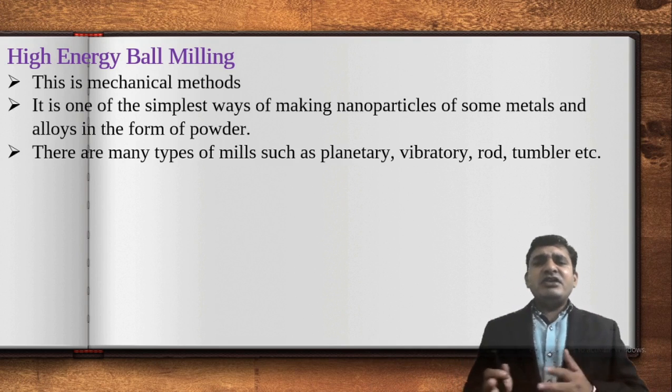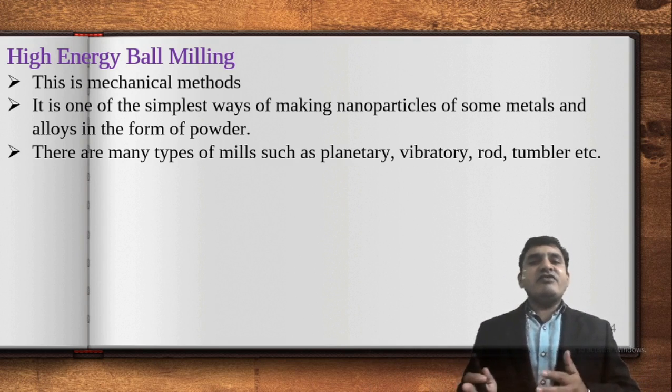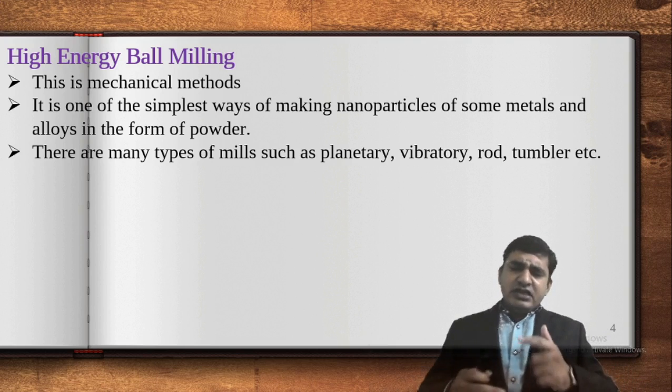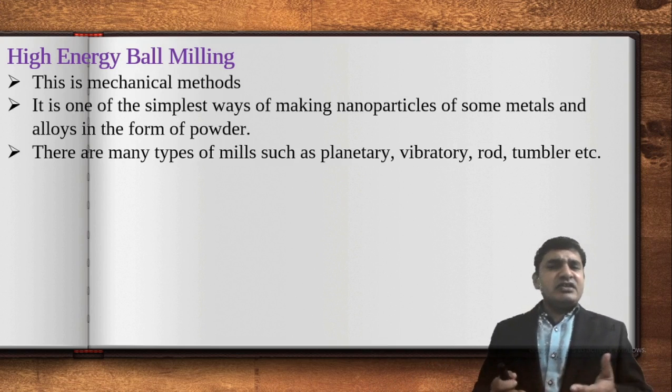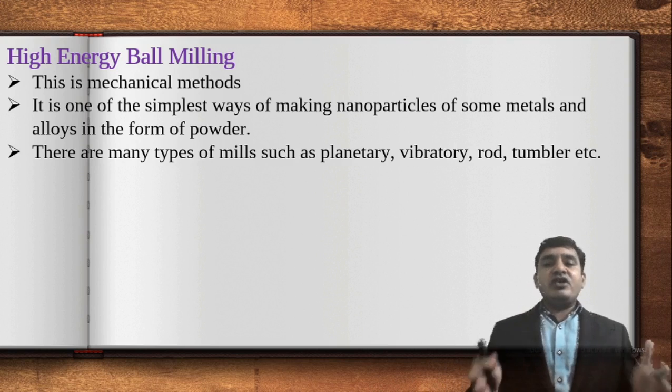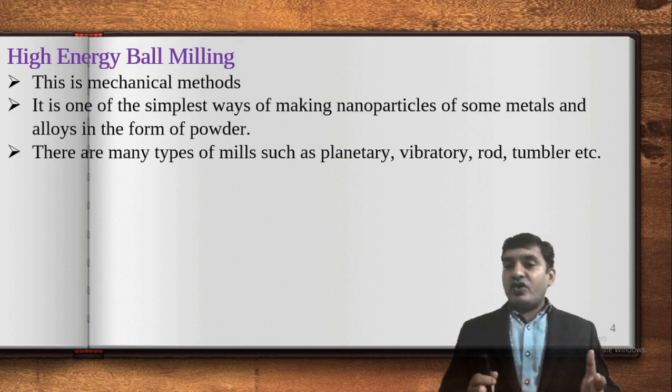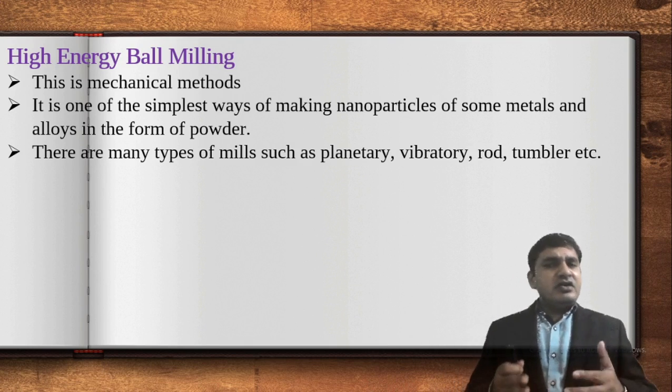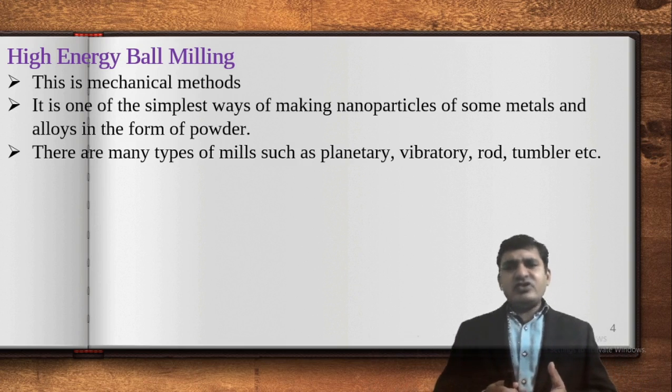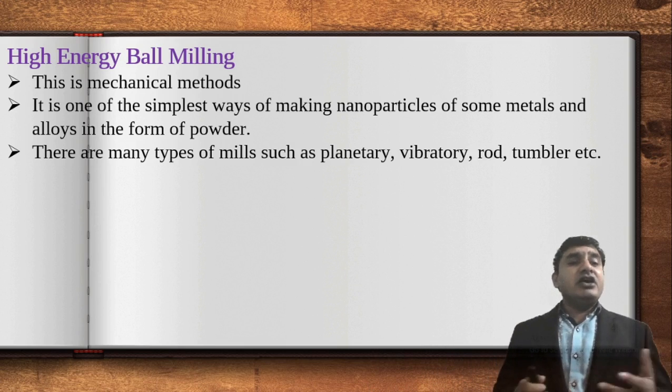Then in the vibratory method, the cylinder vibrates. In a rod mill, the rod rotates so that the particles come in contact with this rod and get synthesized, or the size of the particles is reduced.